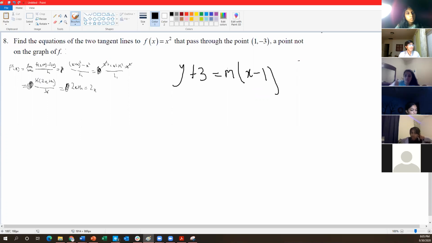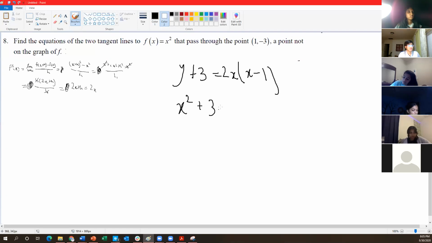Okay. m is the slope, and m is just 2x. Oh, that didn't work. Let me just erase this. So m I can just write as 2x because that's our derivative. And y we know is x squared, right? So if we can figure out the specific x points at which this holds true, then we can figure out the specific y points as well later.